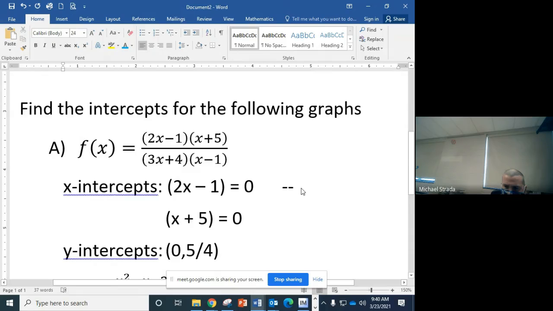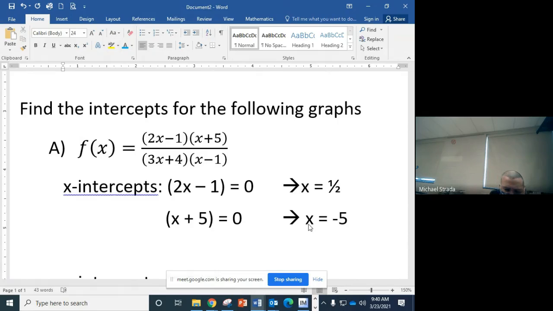Right? Good job, Jim. All right. So for that one, x would be 1/2. For this one, it would be x equals negative 5. Good with that? And then your x-intercepts would be 1/2, 0, negative 5, 0.